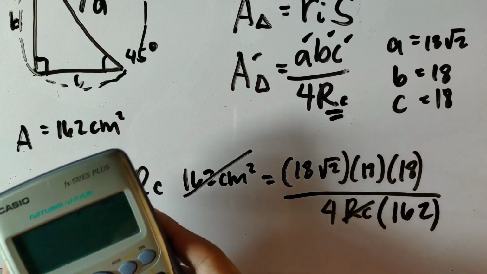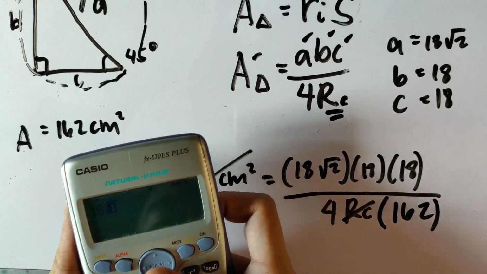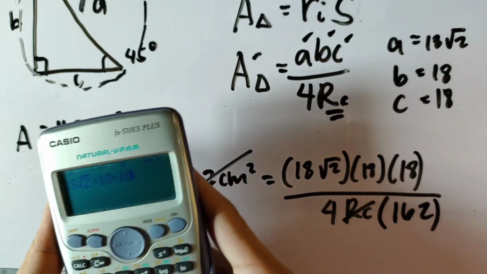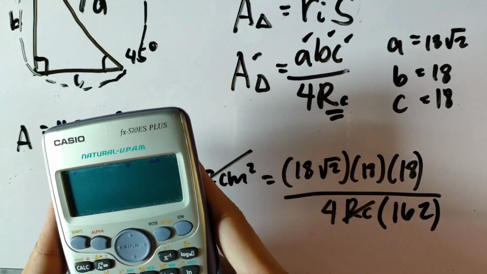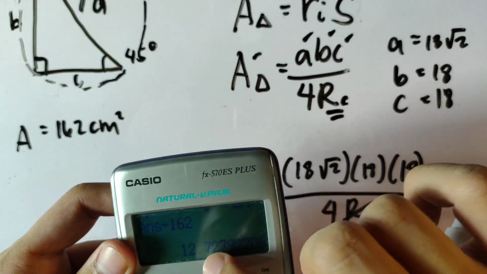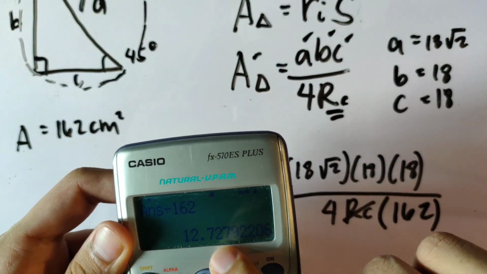So solve natin yan: 18 square root of 2 times 18 times 18 divided by 4 divided by 162. So yung value ng R sub C natin is equal to 12.73.